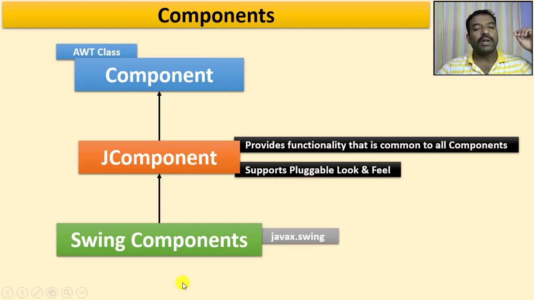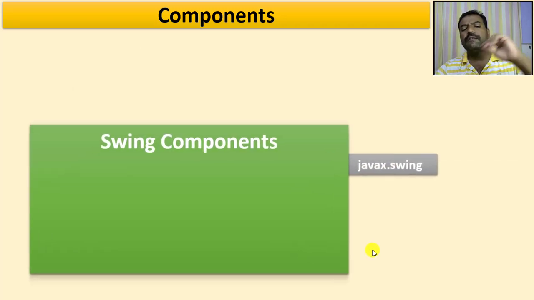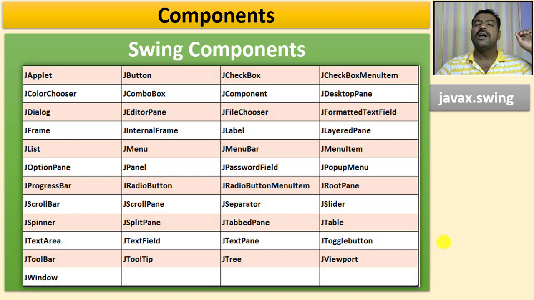And now whatever the component classes I am going to have, they have been stored in the package called javax.swing. Hence, we'll just look into the classes which are going to be under the Swing components.